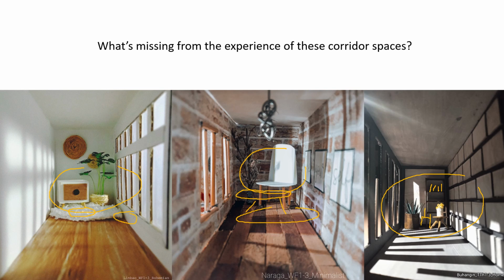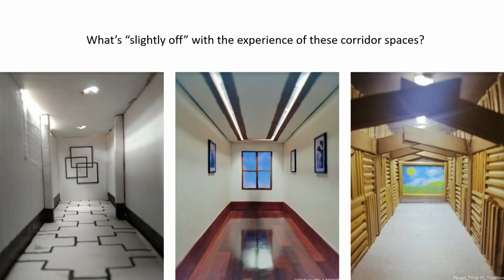When we revisit the space, we tend to sense that something is missing or slightly off. Imagine yourself really standing in that corridor, why would you go to the end?